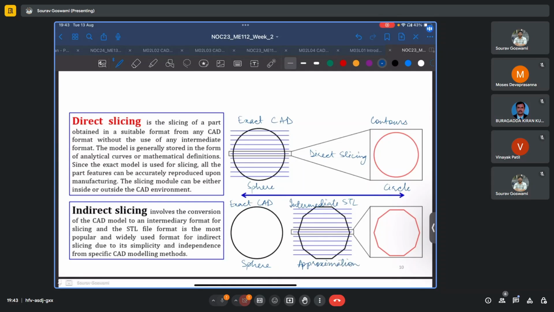Of course, if we use, say, very small triangular elements, we will eventually approach the actual sphere, but it will always be an approximation. And now the slicing operation takes place on this intermediate STL, and the contour that you end up with is a polygon. Of course, for a polygon with very large number of sides, you will end up approaching a circle, but it will never be exact. And this is the difference between indirect slicing and direct slicing.